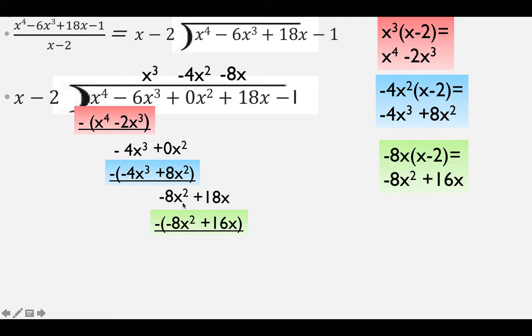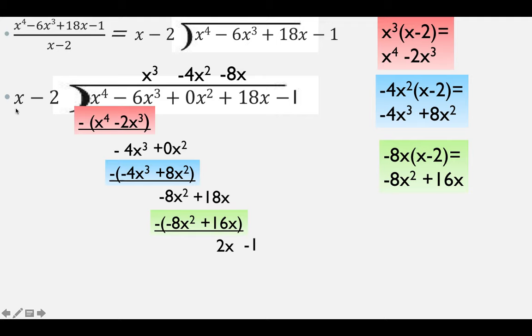So we got negative 8x squared plus 8x squared, again, because negative makes a positive, so that's 0. 18x minus 16x. So 18x minus 16x is 2x. Let's go ahead and bring down that last one, which is minus 1.